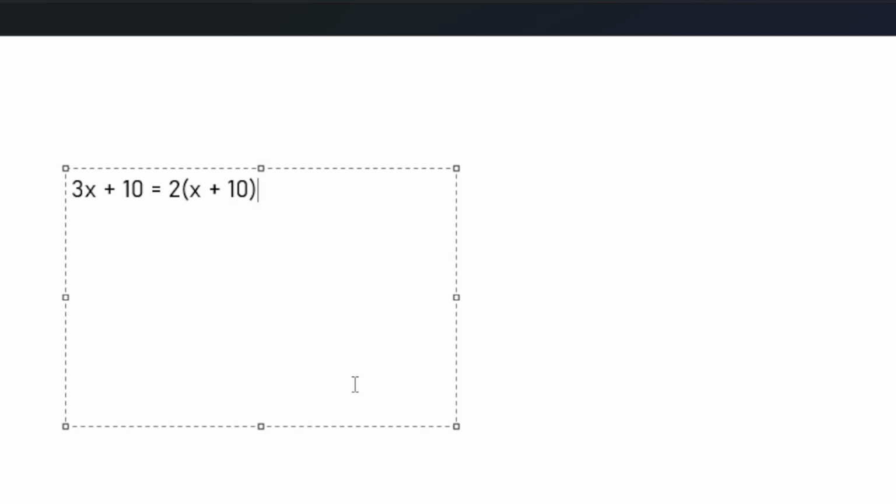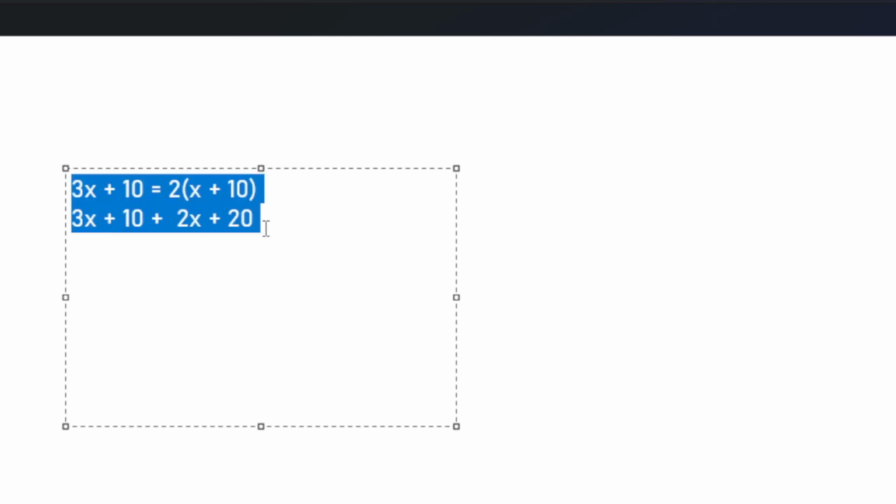So we need to solve this 2(x plus 10). 3x plus 10 equals 2x plus 20. Now we'll isolate x. Let's subtract 2x from both sides.